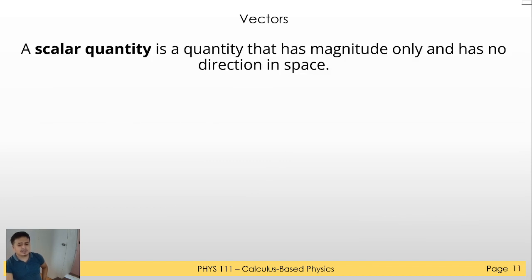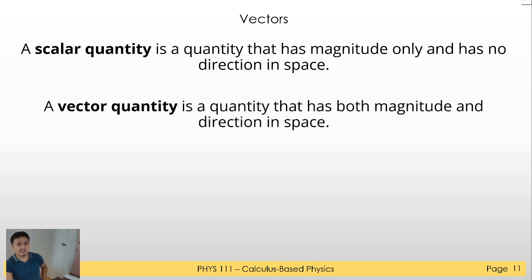Okay, let's differentiate a vector quantity from a scalar quantity. A scalar quantity has magnitude only and has no direction in space, but a vector quantity has both magnitude and direction in space. Examples of scalar quantities are length, area, volume, time, mass, and so on, so anything that has a magnitude without the context of direction.